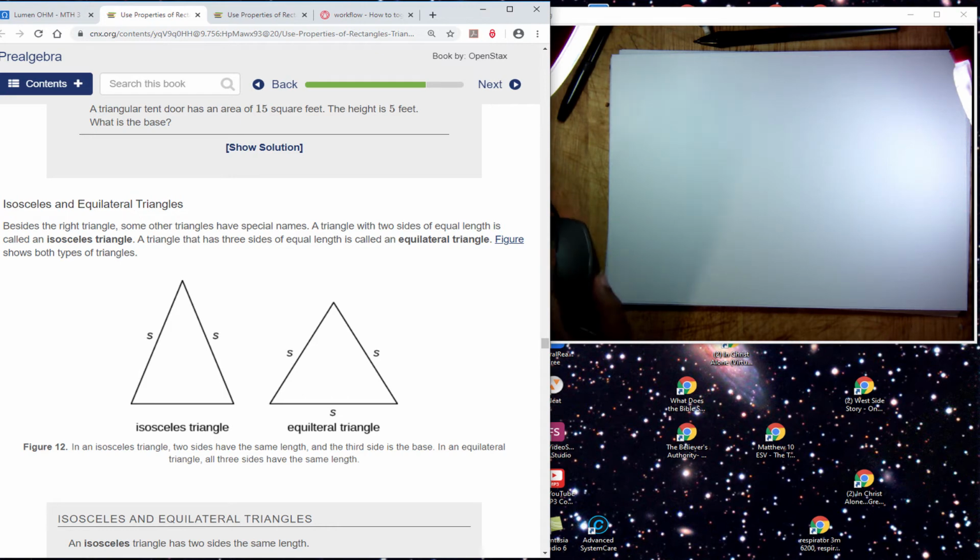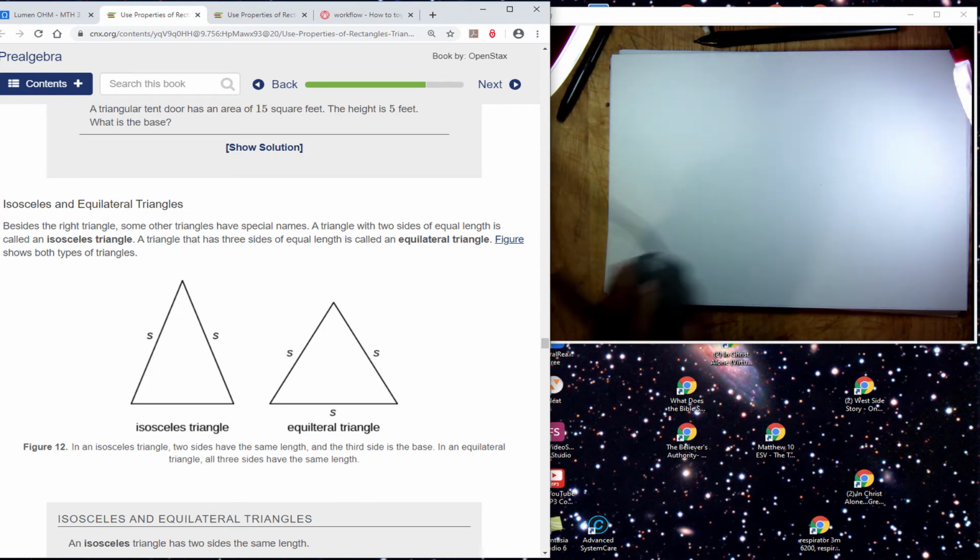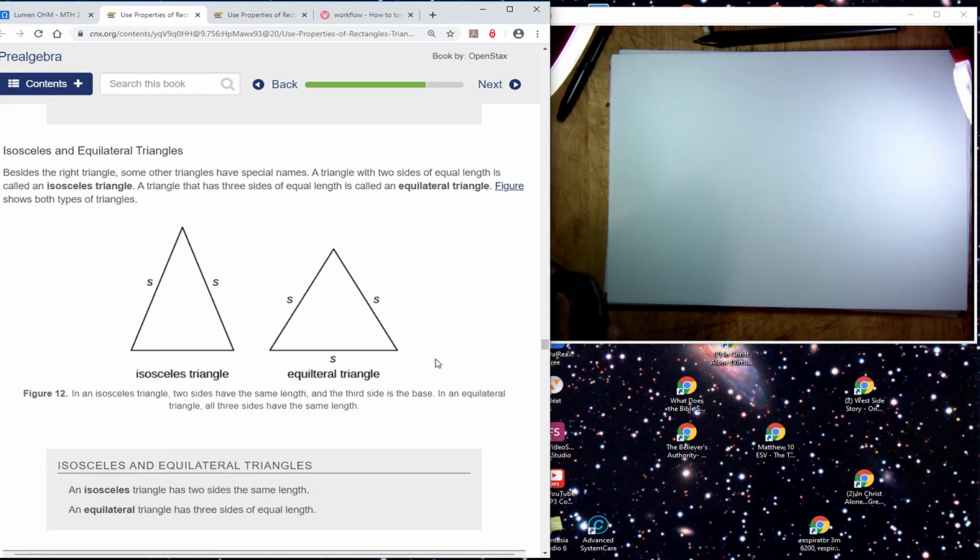Special types of triangles are called an isosceles triangle and an equilateral triangle.